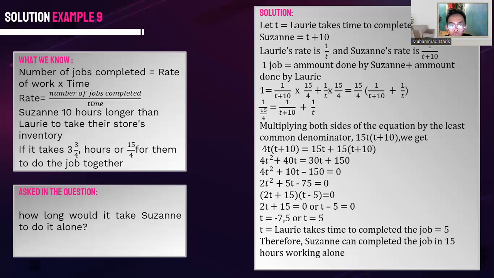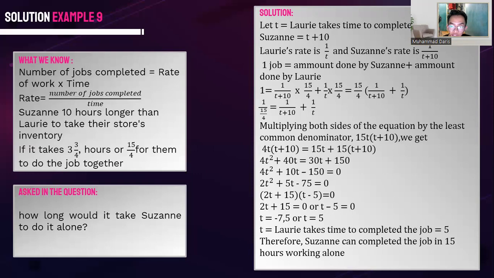And then we can use factorization to find the value of variable t. Then we get (2t plus 15) times (t minus 5) is equal to 0. Then 2t plus 15 is equal to 0, or t minus 5 is equal to 0. t is equal to minus 7.5, or t is equal to 5.